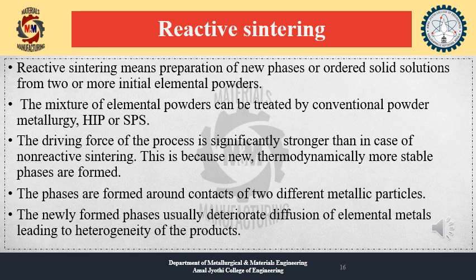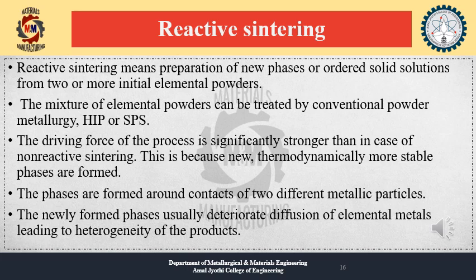Reactive sintering means preparation of new phase or ordered solid solutions from two or more initial elemental powders. The mixture of elemental powders can be treated by conventional powder metallurgy, HIP or SPS. The driving force of the process is significantly stronger than in case of non-reactive sintering.